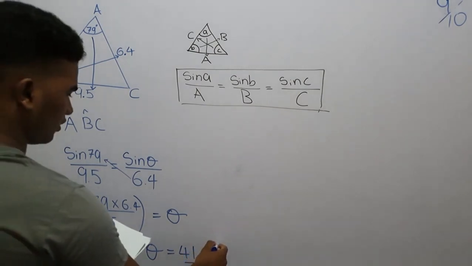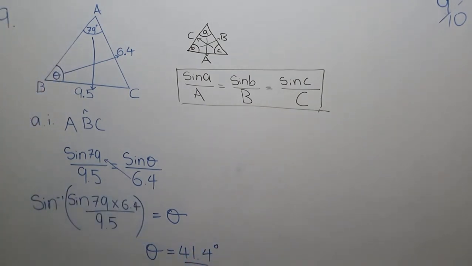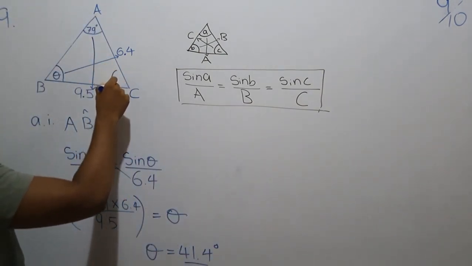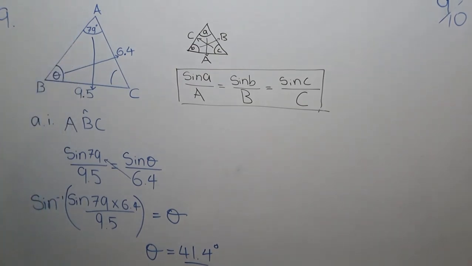So Roman numeral 2, calculate the area of the triangle ABC. Now to calculate the angle, we'll use this angle. Now we know this angle as 41.4 and this as 79.